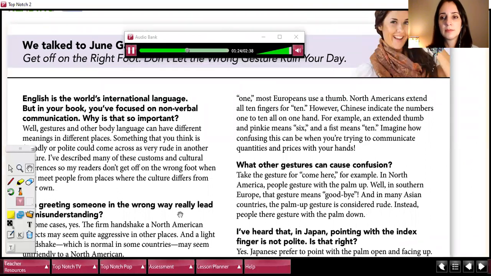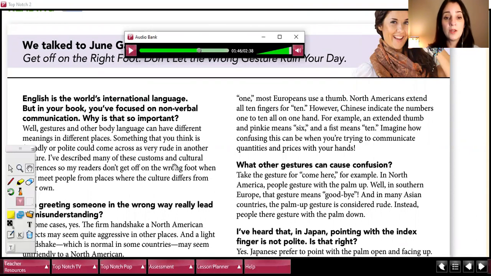North Americans extend all 10 fingers for 10. However, Chinese indicate the numbers 1 to 10 all on one hand. For example, an extended thumb and pinky means 6, and a fist means 10. Imagine how confusing this can be when you're trying to communicate quantities and prices with your hands.